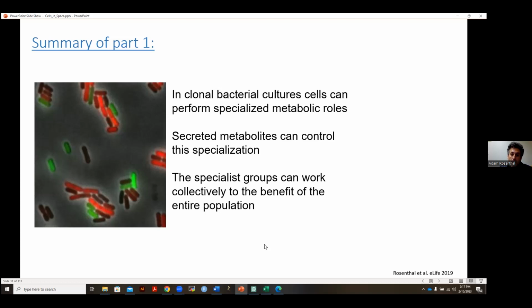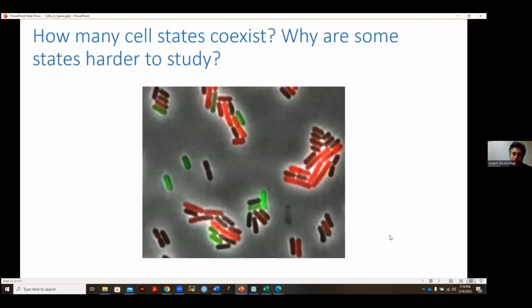And the last thing that I showed you is that these specialist groups can work collectively and benefit the entire community. A little bit like the analogy with the cells of our body that work together. You know, I need to drink water, so my arm is going to grab my cup and I'll drink. The same thing here, the bacteria are working together to benefit the entire organism.